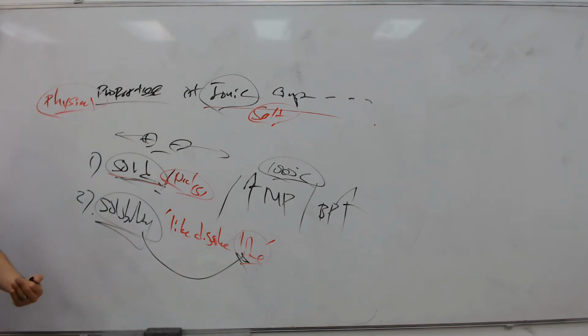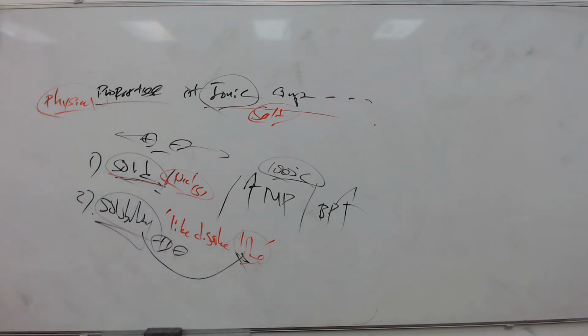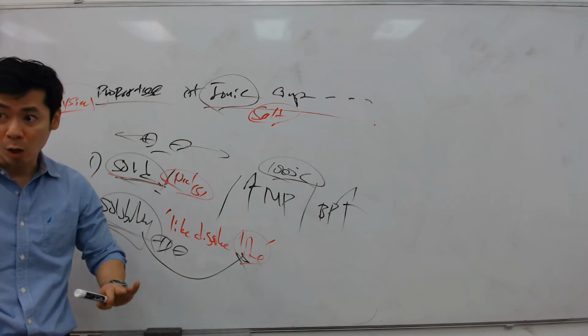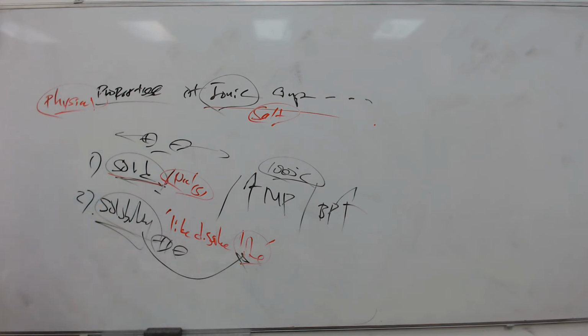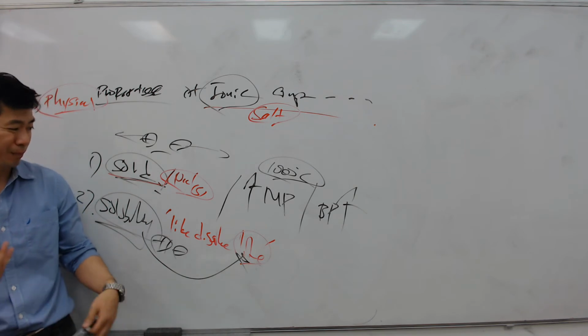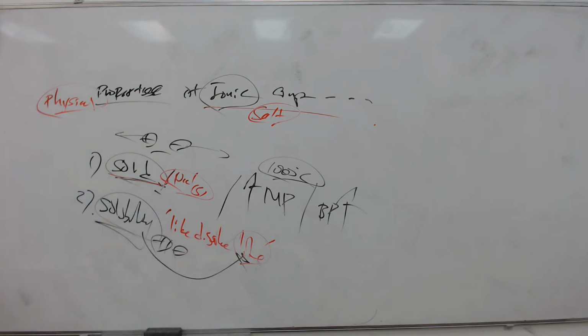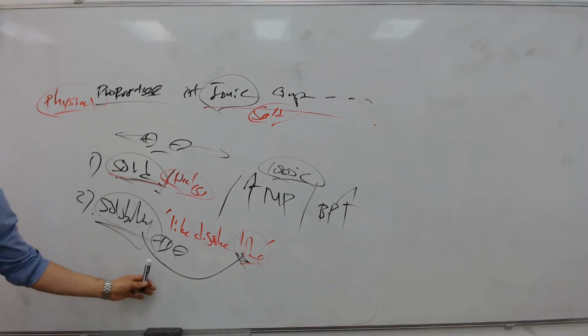Ionic compounds, which have permanent plus and minus charges, dissolve well in water from a solubility perspective. Some don't, but not all. Some can dissolve really well, and that's something for later. But relatively, they dissolve well in water.